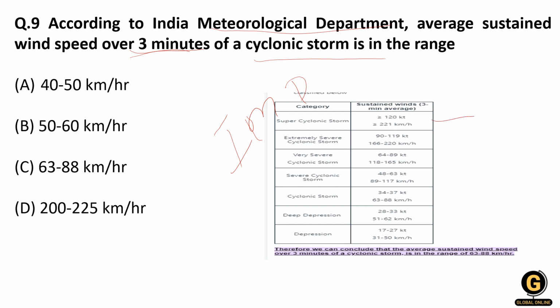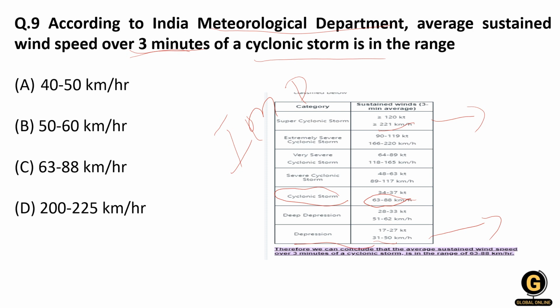The highest wind speed is for a super cyclone, you have to remember that, that is 221, and the lowest wind speed is for depression, which is 31 to 50. For the cyclonic storm, you can see here, the wind speed is 63 to 88. If you can remember these, you can just guess the remaining ones, whether it is extremely severe, very severe, or severe cyclonic storm.